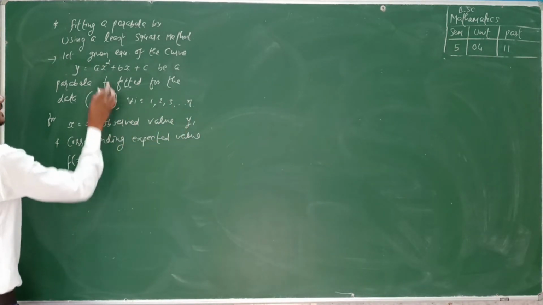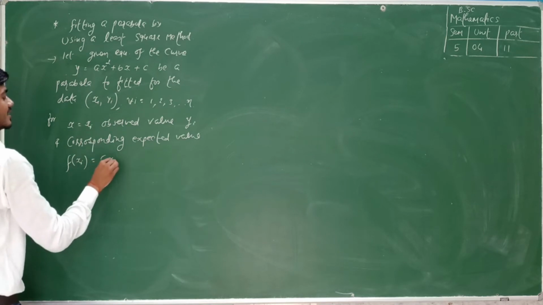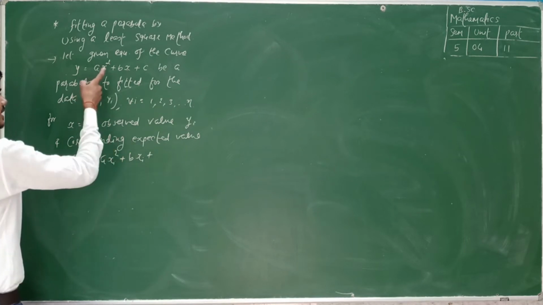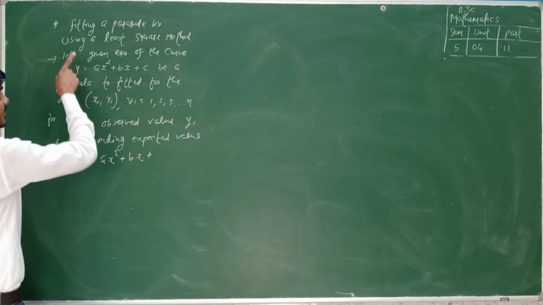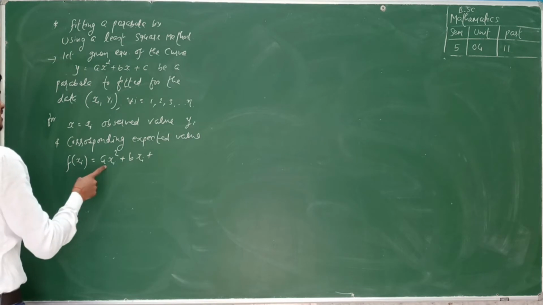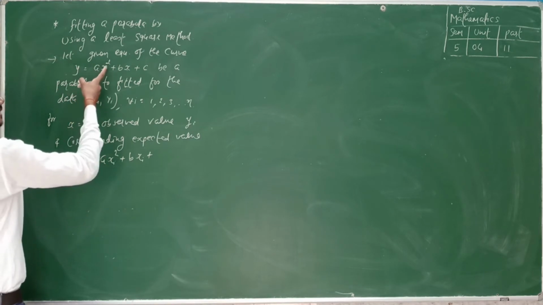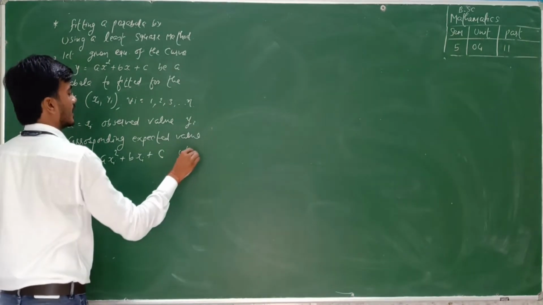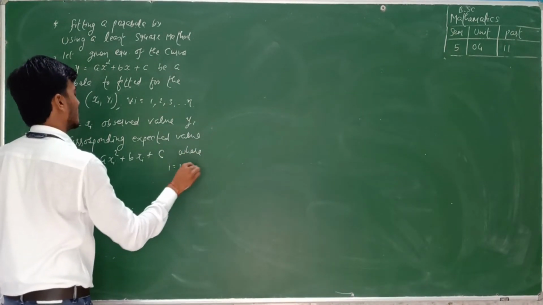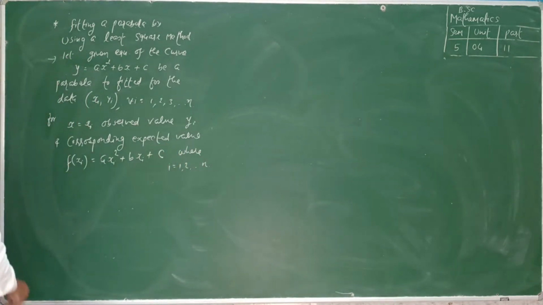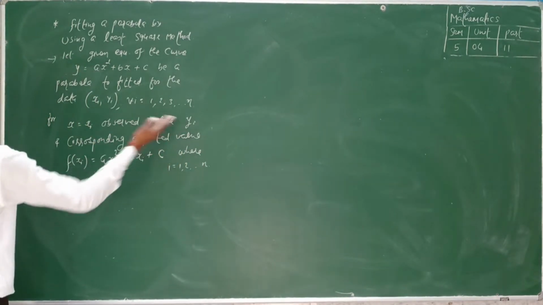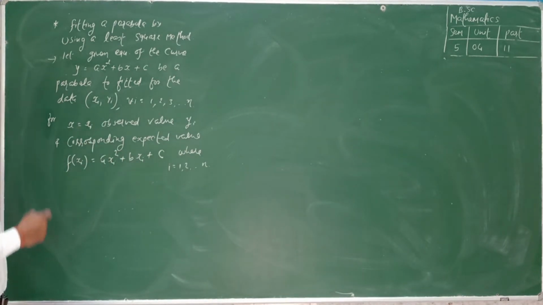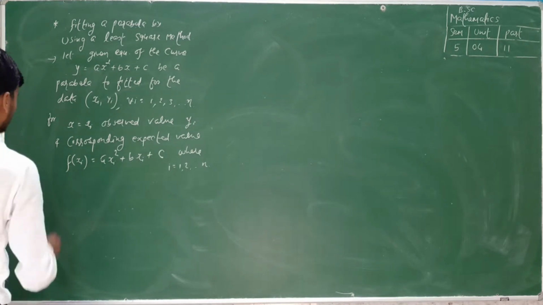So f(xi) = axi² + bxi + c, the expected value for this curve, here fitting a parabola, where i = 1, 2 up to the set of n observations. Whenever we have an observed value yi and an expected value f(xi), we can easily find the error for each and every point.